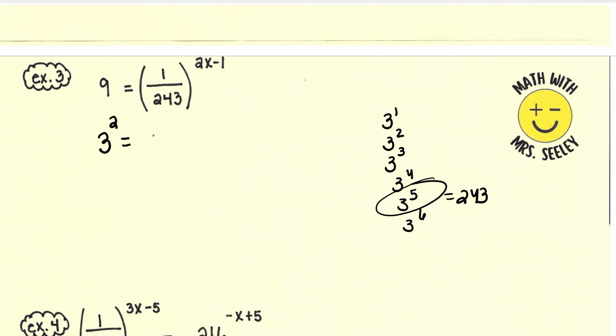So 3, and we know it's a 5th power to get 243, but here's a catch, and here's where you want to be careful. Do you notice this is in the denominator? The way that a number gets from the numerator down to the denominator is with a negative exponent.